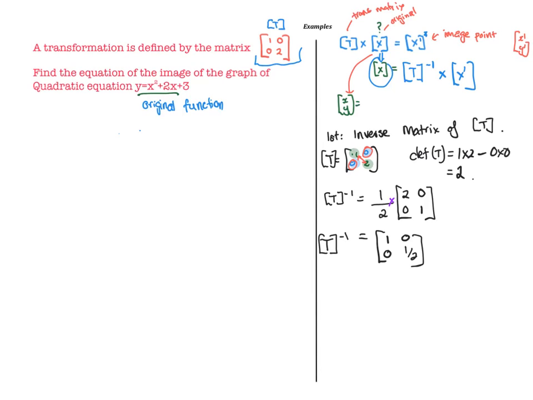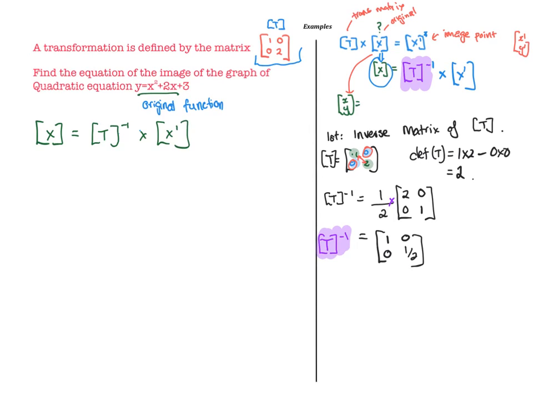And we need that for this part of our solving. Okay, so let's go and work this out now over here. We're saying matrix X is going to equal the inverse T times the image.